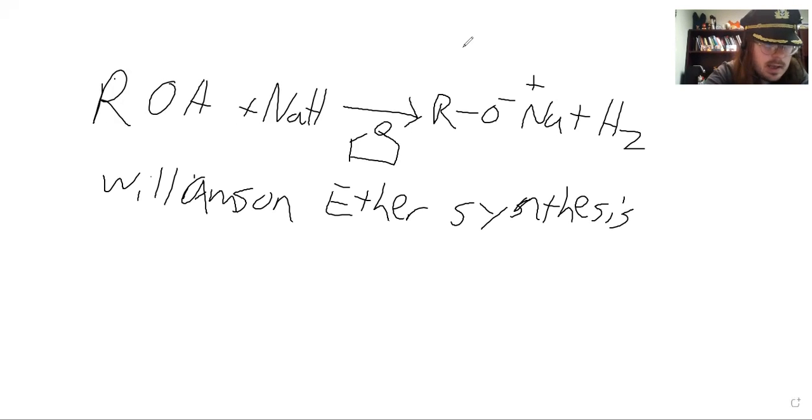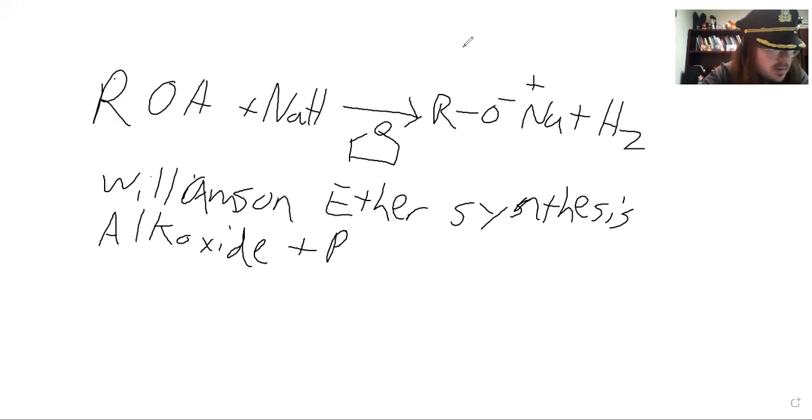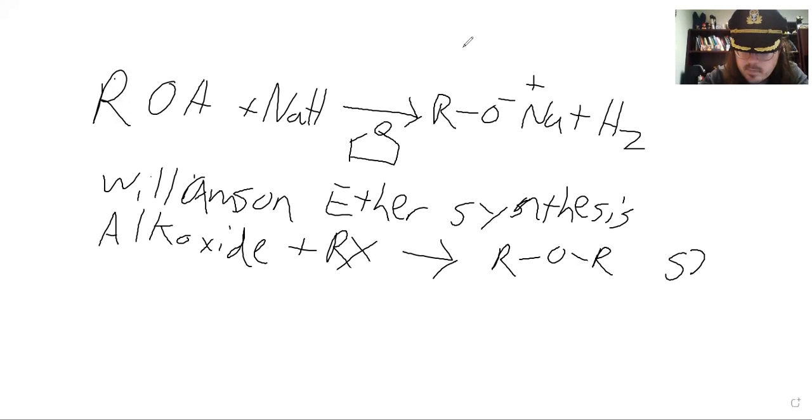It's going to be alkoxide plus halide, RX, to form ROR. And this works by SN2. And it's usually for primary.